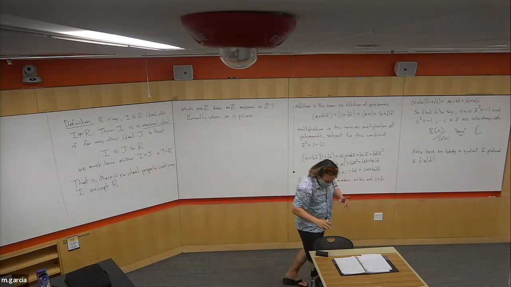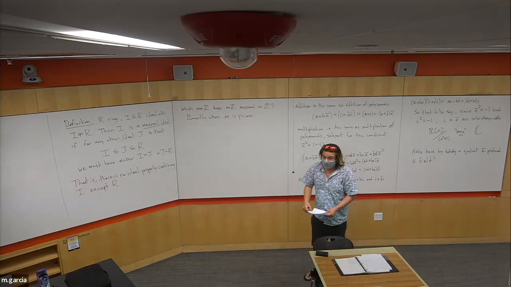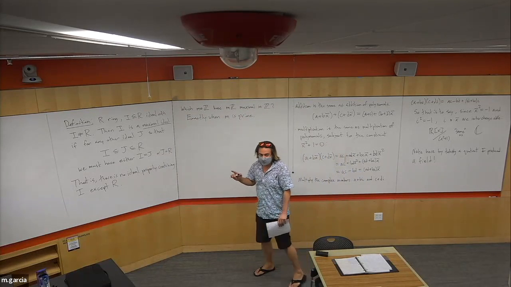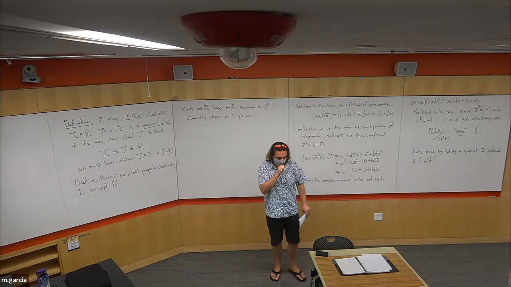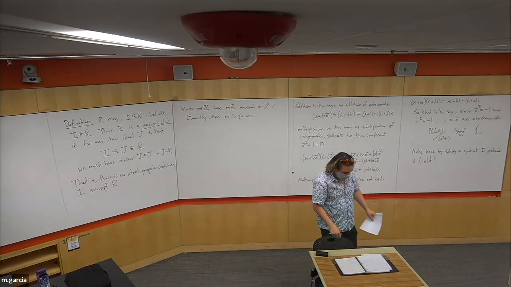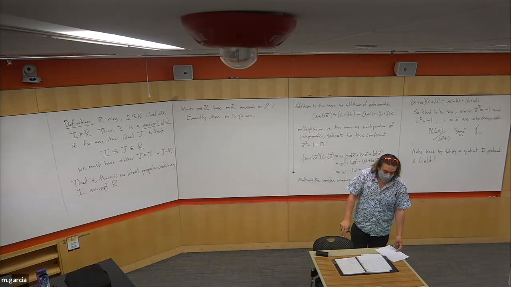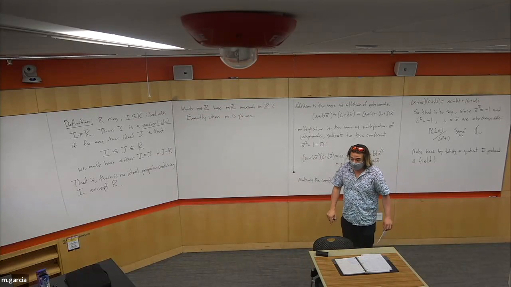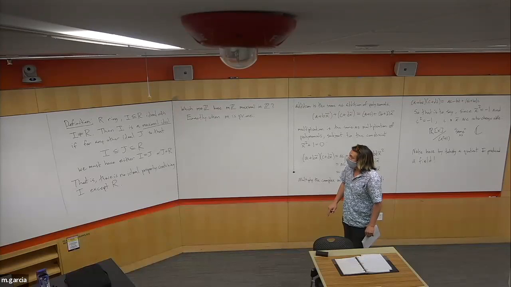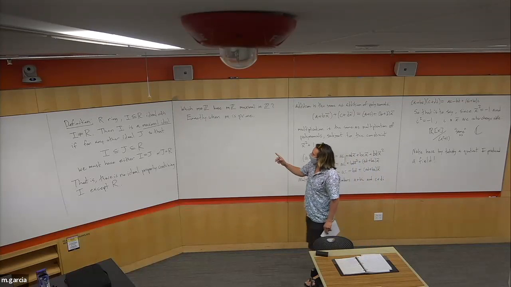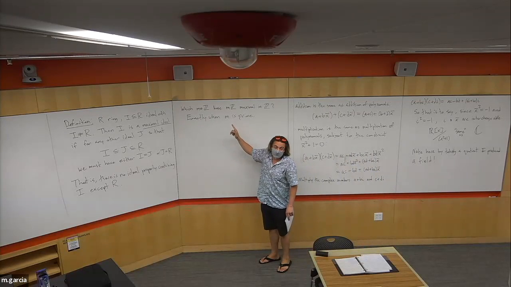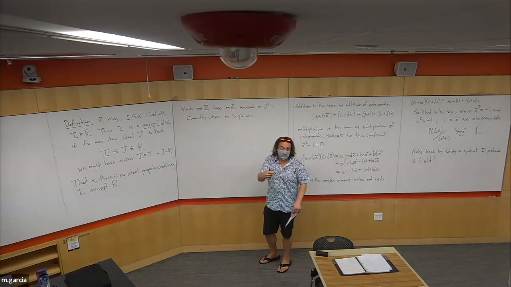In fact, this is true in general. Let's prove it. When M is any prime, you form the ideal MZ, the multiples of that prime.